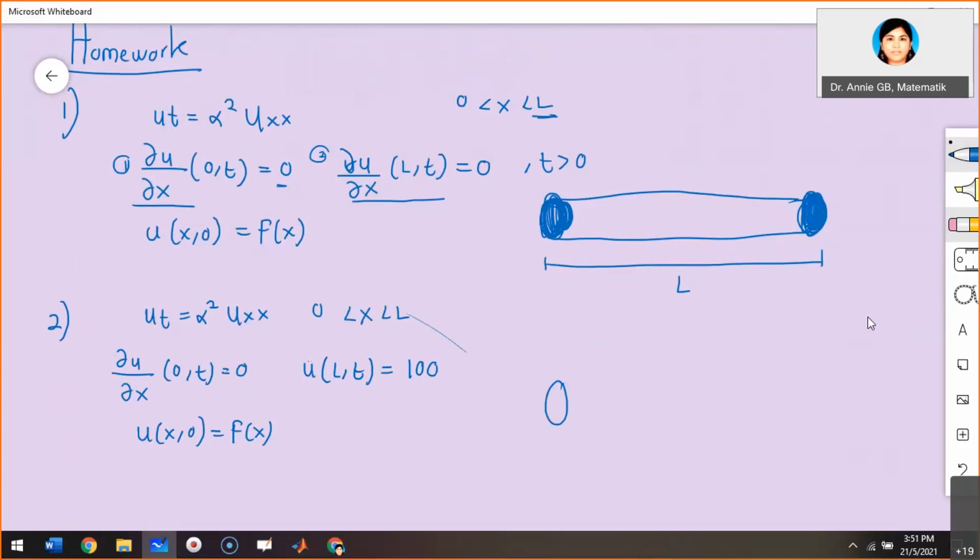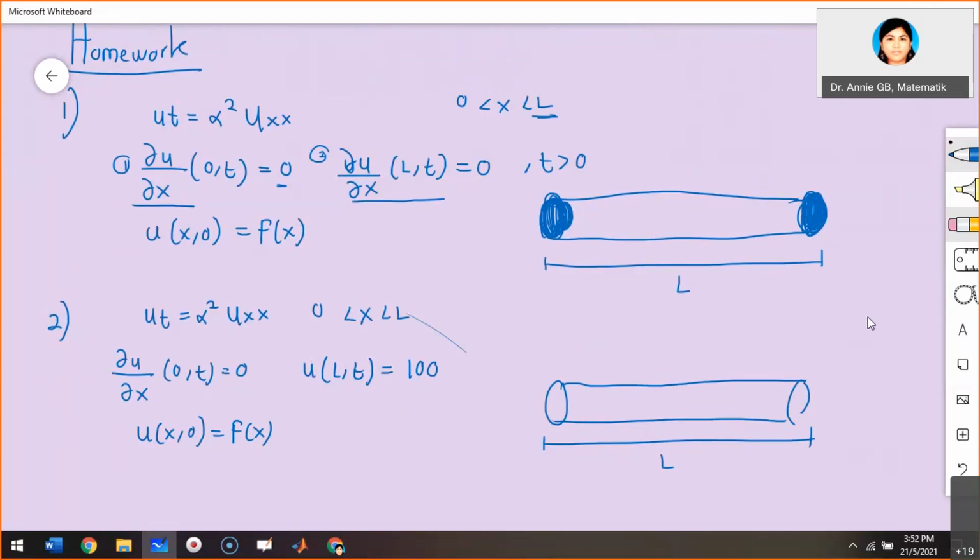So kita ada rod, panjang dia adalah L. Okay, that is good. Sebab kita ada mix boundary condition. Mix. Satu ada derivatif, satu tak ada derivatif. Tapi satu held constant at 100. Okay, satu. So kat sini lah. Obviously pada L kan.